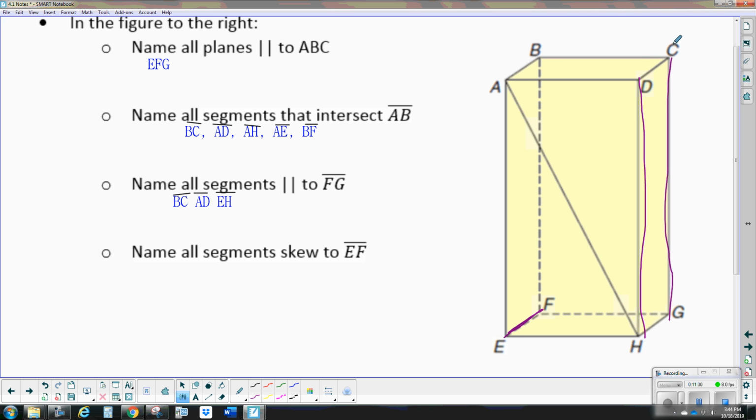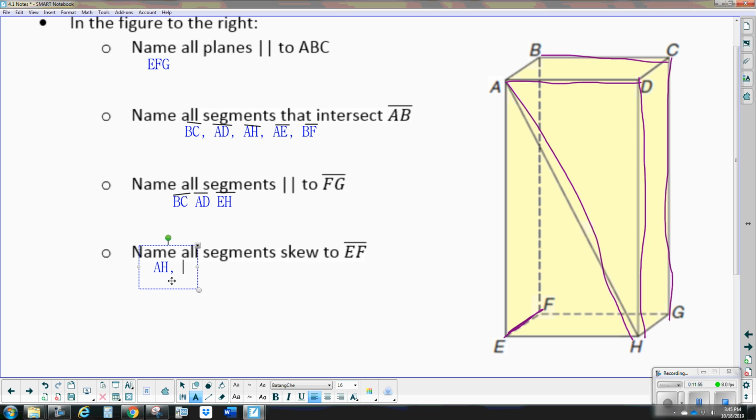So DH, GC, but also AD would never intersect with EF, but it's also not parallel. And BC would never intersect, but it's not parallel. And then lastly, AH. All of the other segments in this diagram are either parallel or they intersect with EF.